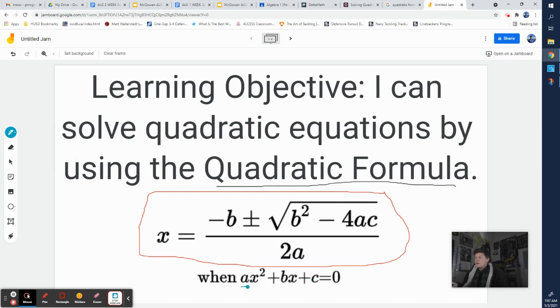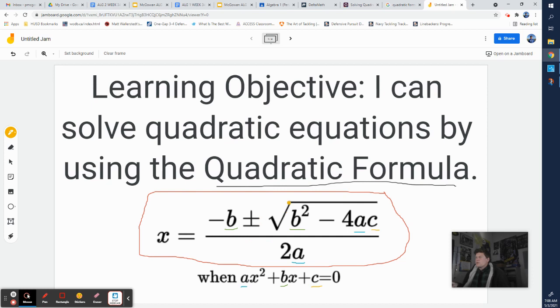The a value goes with the x squared. The b value is the value with the x's. And the c value, which only shows up once in our formula, but we still need to use, is the constant from our equation.